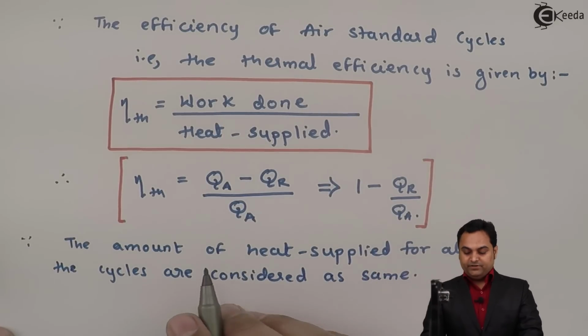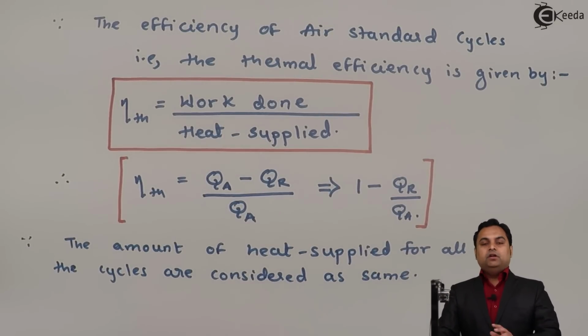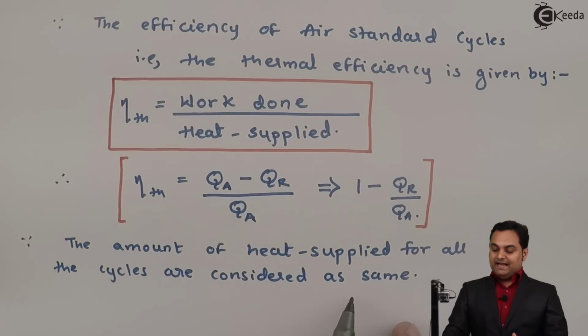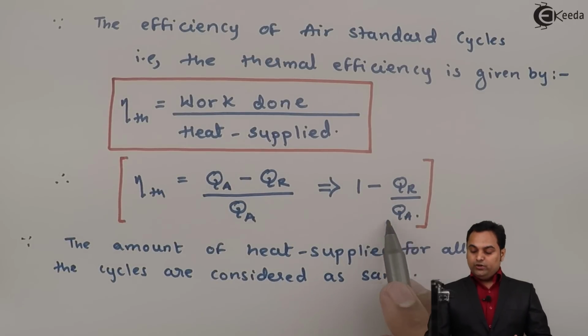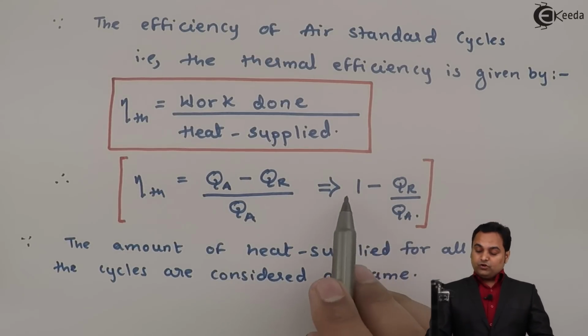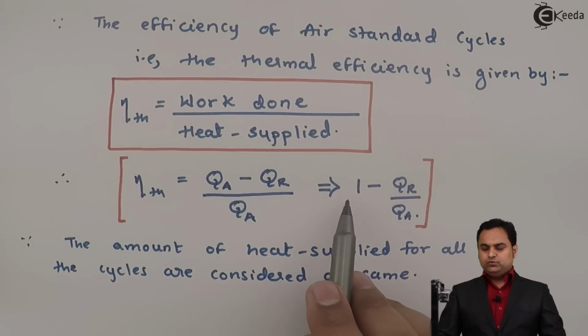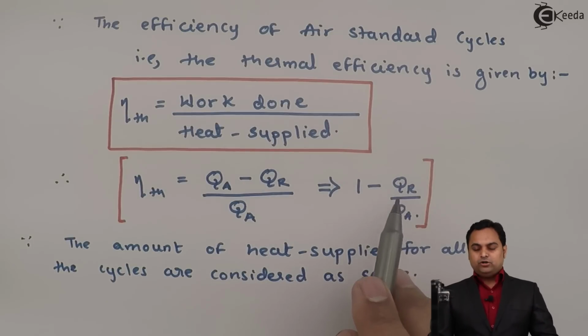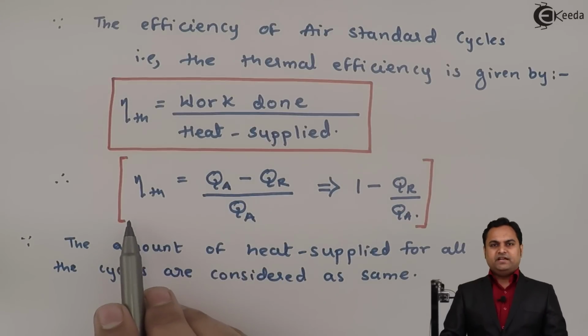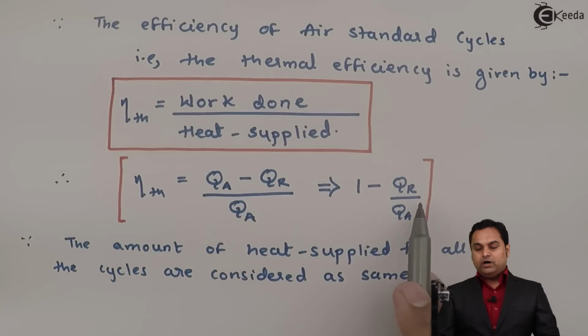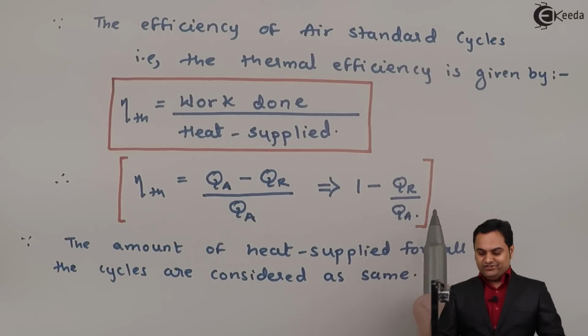That is, here I am considering the amount of heat supplied for all the cycles as same. So if QA value is same, 1 is a constant value, the only parameter on which the thermal efficiency of the cycles depends is QR, that is the amount of heat rejected.